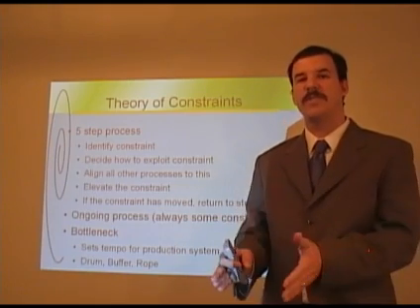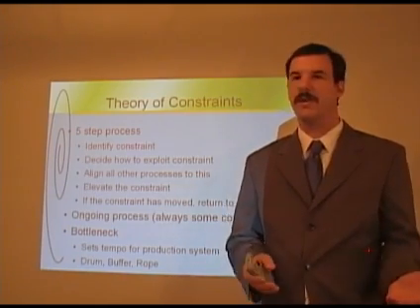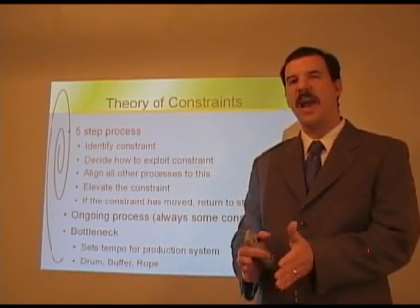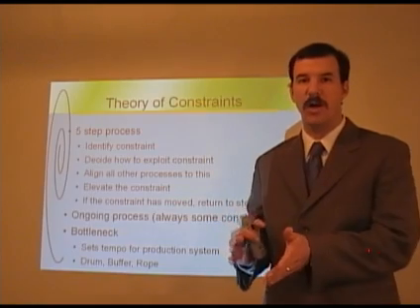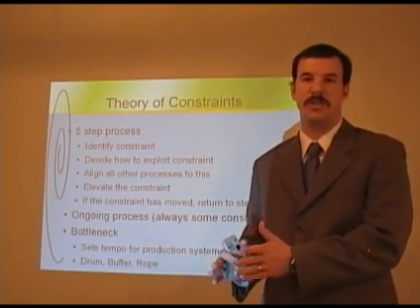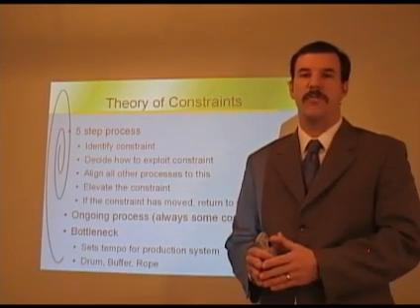It should have some amount of buffer, and when we talk about JIT, just in time, it kind of goes against that idea, but by having a buffer, if something does go wrong, at least that constraint can work continuously and not interrupt production, and you can make up time a little easier further up the line.